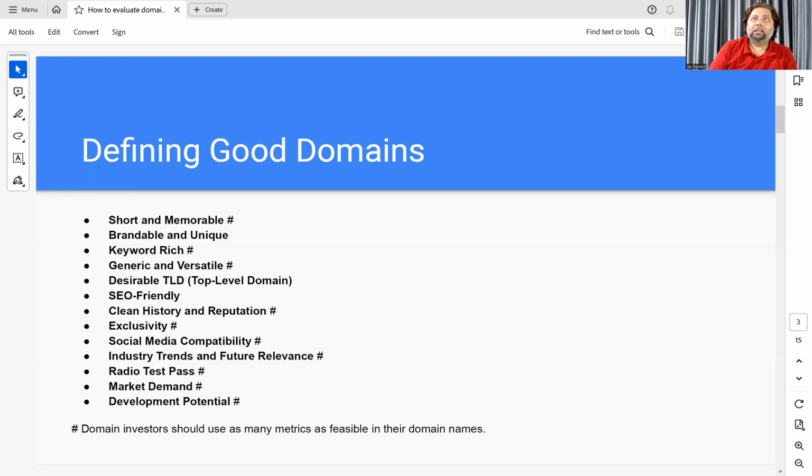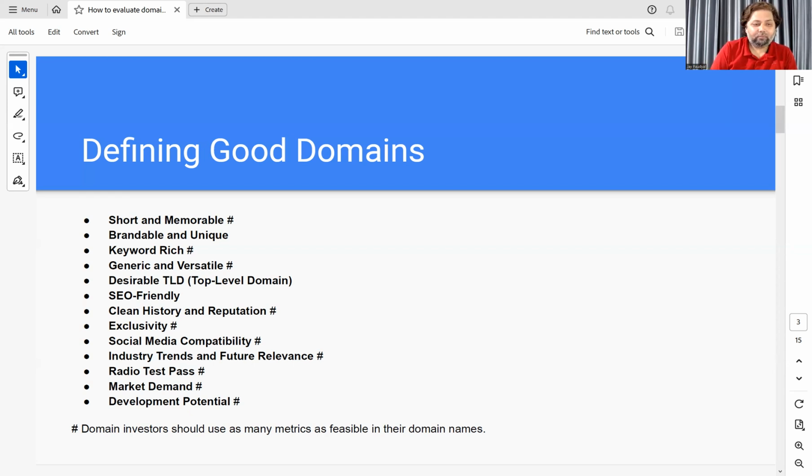Some months back, COVID was also a trend, because in the COVID era, millions of domains were booked, with the word COVID in them, the word vaccine, the word healing.